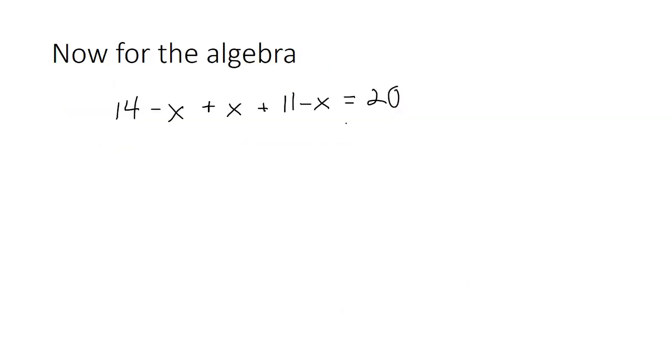I've got this expression built. I'm just going to rearrange everything so I've got all of my constants and all of my variables next to each other just to make this a bit easier. 14 plus 11, those are my constants here and here. And then I've got my variables kicking around.